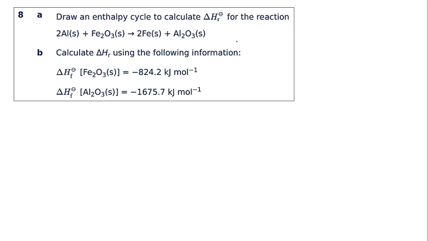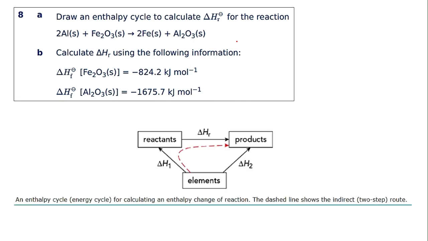We have a general cycle that we can follow here. All the reactants we are going to write at the top, and it is going to move towards the products, from the balanced chemical equation. Changing the reactants into the products will be the delta HR, delta H reaction.